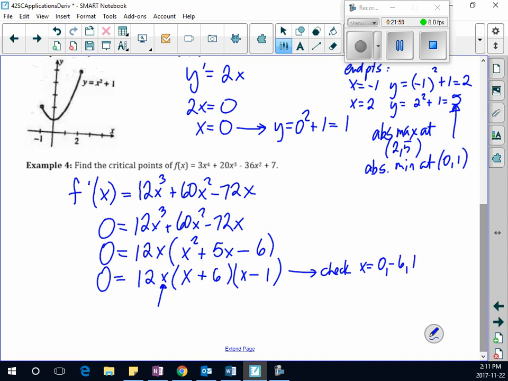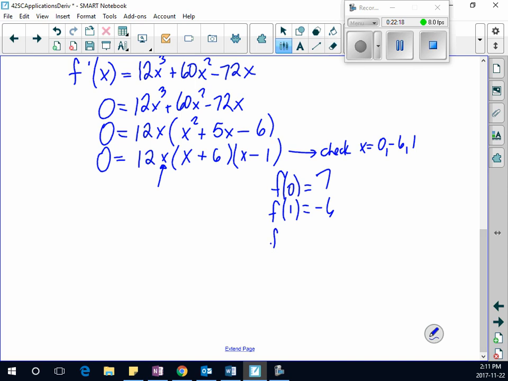Okay? So just for simplicity, I'm going to give you the values here. So f of 0 is 7. F of 1 is negative 6.